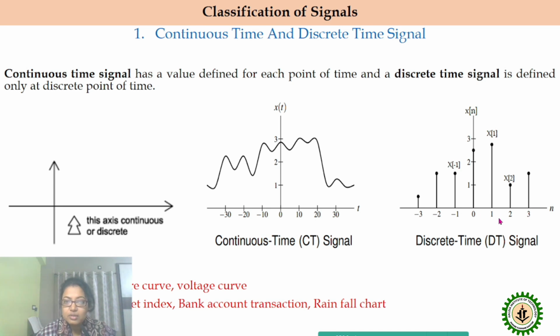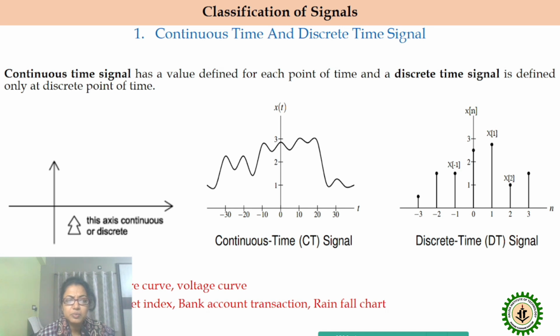We can also further say that this axis is the time scale or the independent variable. So this axis is continuous or discrete. Depending on that, you can classify a signal whether it is a continuous time signal or a discrete time signal.